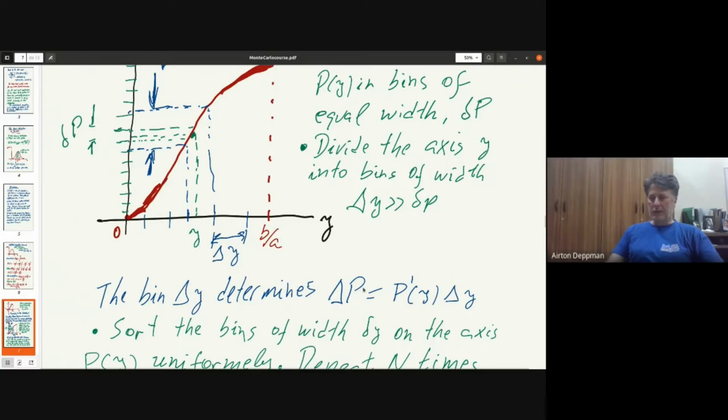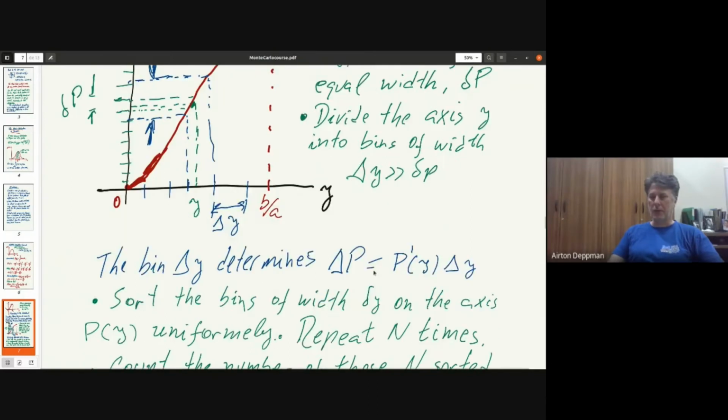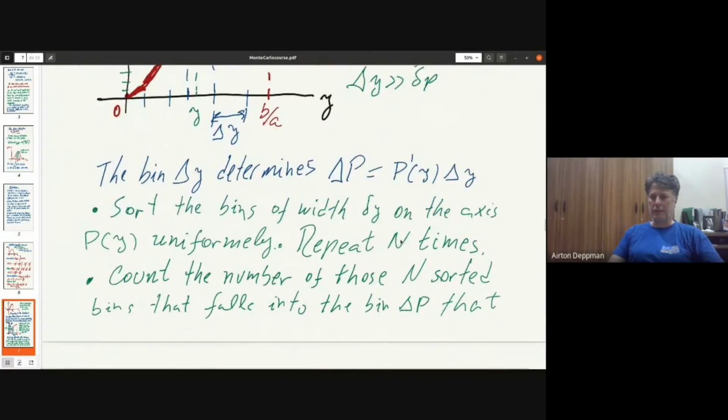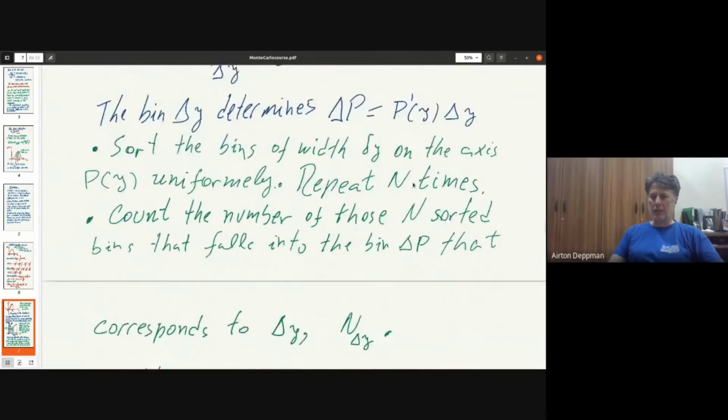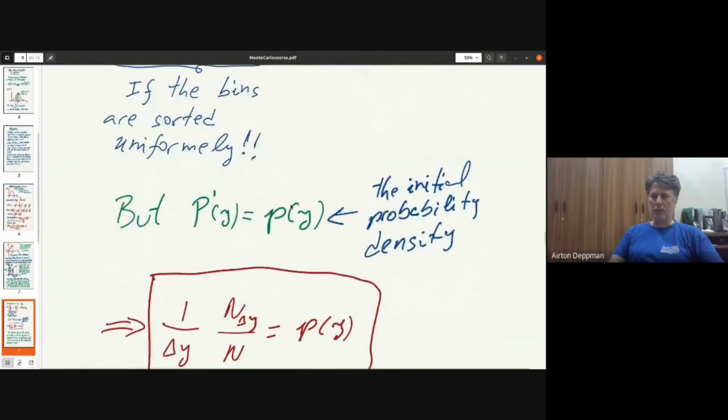So the number of events will be proportional to P prime, the derivative of the cumulant with respect to y, times a constant, because delta y divided by delta p is constant. Okay, both are constant. So the number of events will be proportional to the derivative of the cumulative distribution. But the cumulative distribution is exactly P of y, where this small p is the probability density.